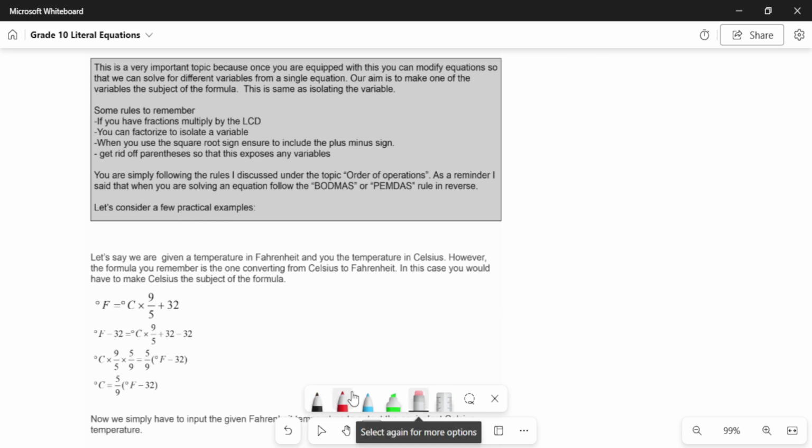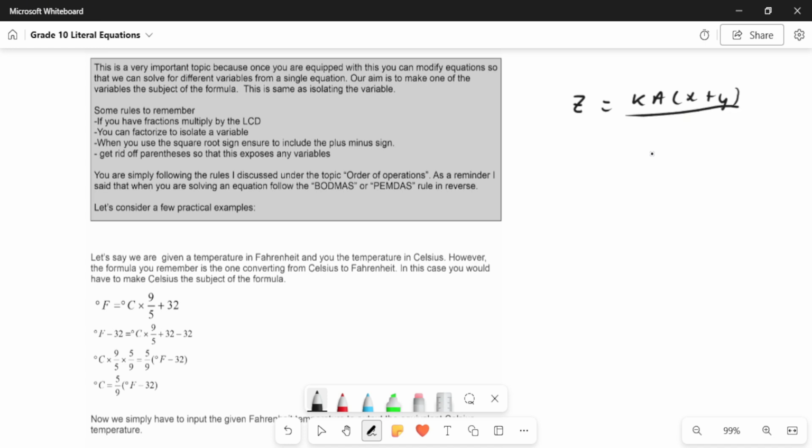Understood? Right. Another example could be z equals ka(x plus y) over c. And it says solve for x. Then we multiply by c on both sides. So zc is equal to ka(x plus y). Then I'll divide by ka on both sides.